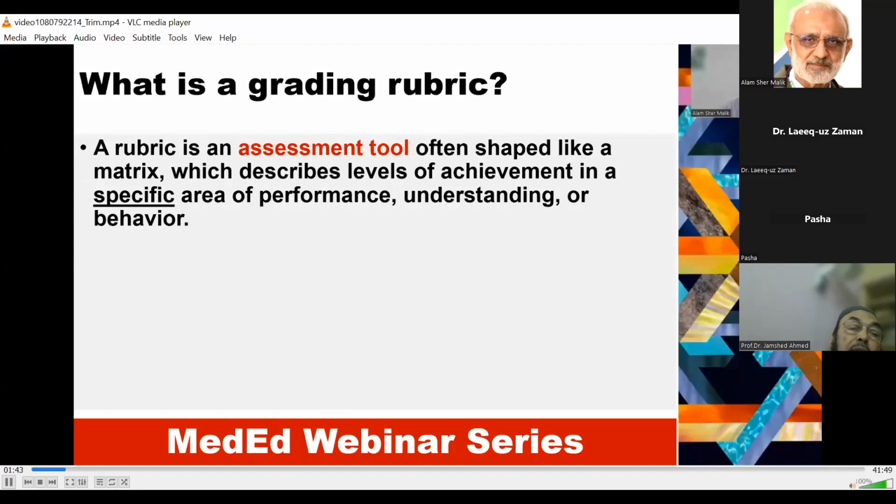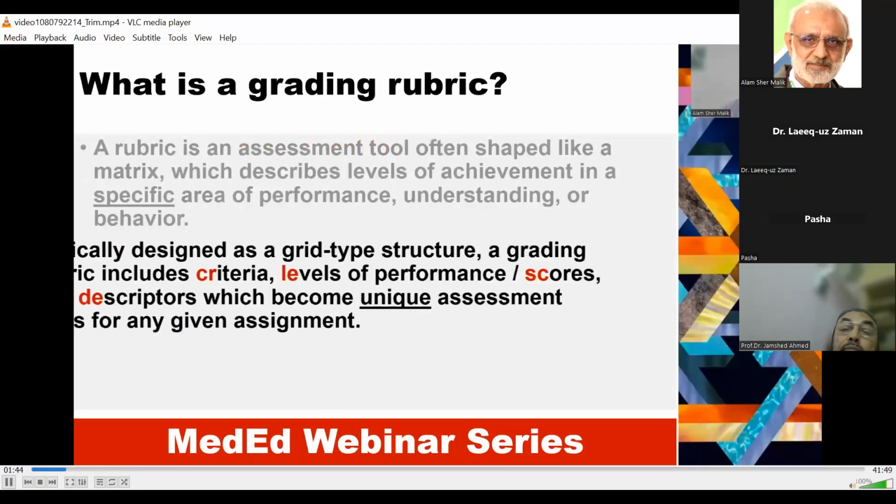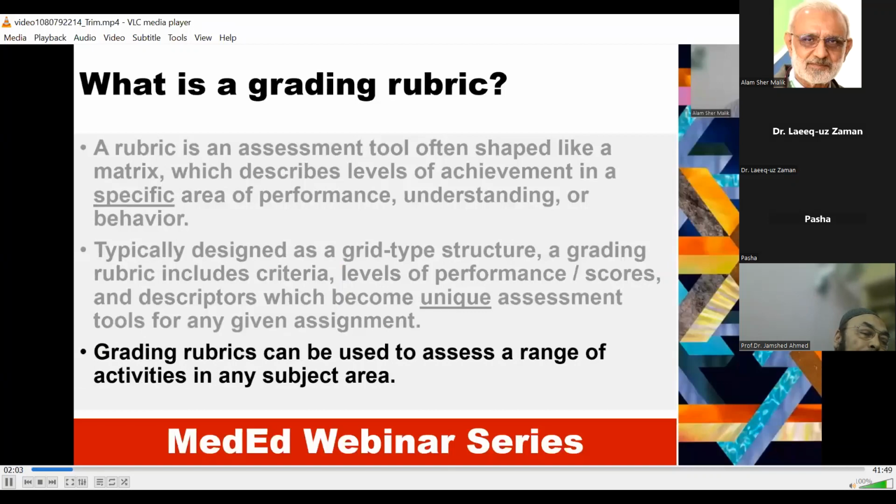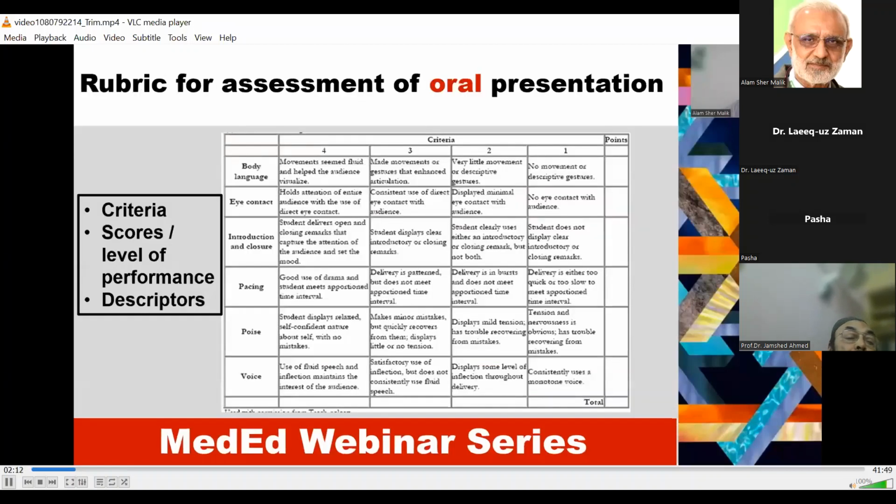It cannot be generalized. Typically designed as a grid type structure, a grading rubric includes criteria, levels of performance and their scores, and descriptors, which become a unique assessment tool for any given assignment. Grading rubrics can be used to assess a range of activities in any subject area.